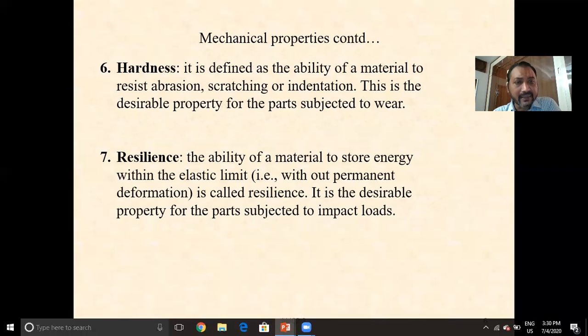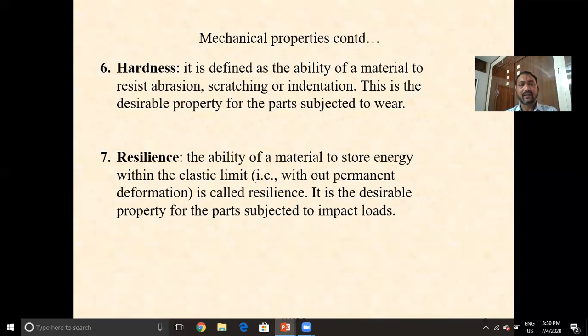So it is one of the important properties of a material, and it can be defined as the resistance offered by the material to penetration, indentation, scratching, or cutting.